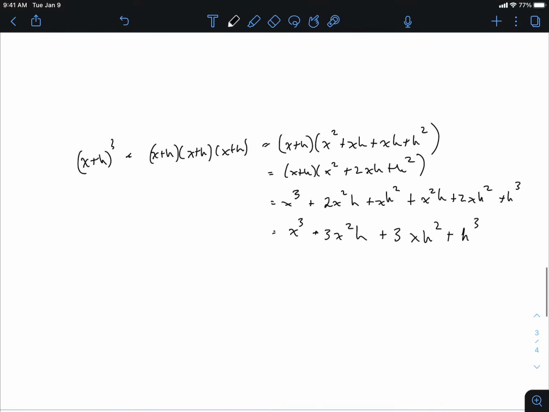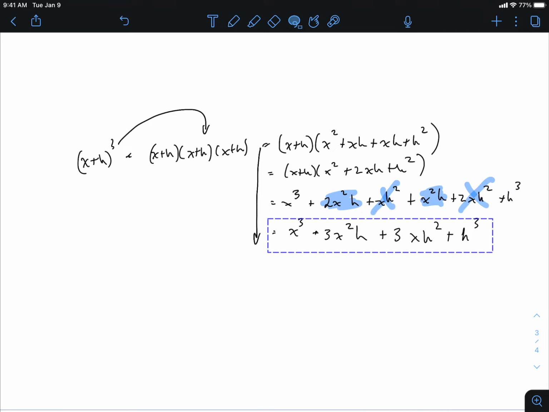If you were to do binomial expansion one at a time, you would see this procession of math, and then you'll start seeing, okay, well, I could combine the 2x squared h with an x squared h, and then combine the xh squared with a 2xh squared, and this is your final result after the expansion.